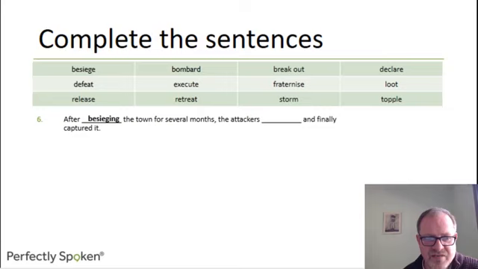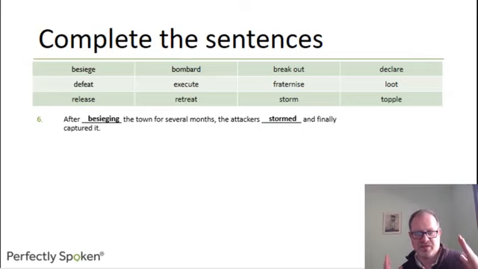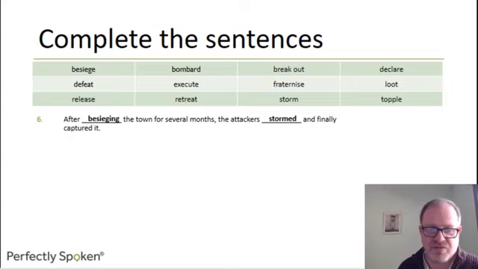It's the subject of the sentence. Besieging the town for several months, the attackers stormed and finally captured it. To storm means to attack a town or a city suddenly and capture it, or try to capture it. To storm. You storm a building, you storm a town.